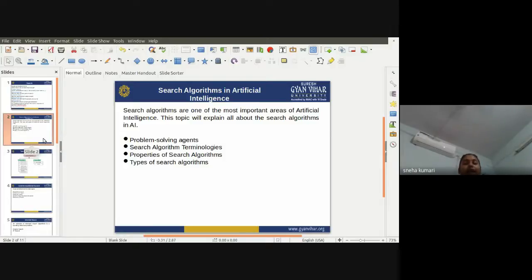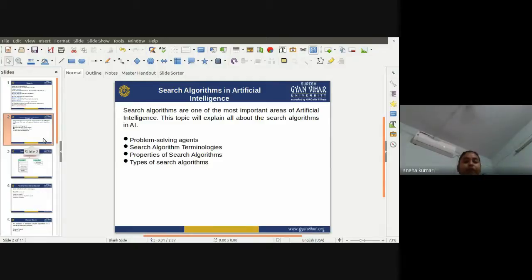So these are the terminology of search algorithms, and these terminology are further used in the algorithms. Okay, now the second topic is properties of search algorithms. Definitely some properties are there in all search algorithms, right?